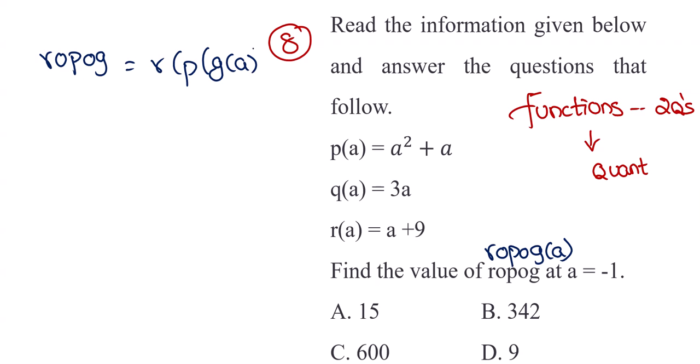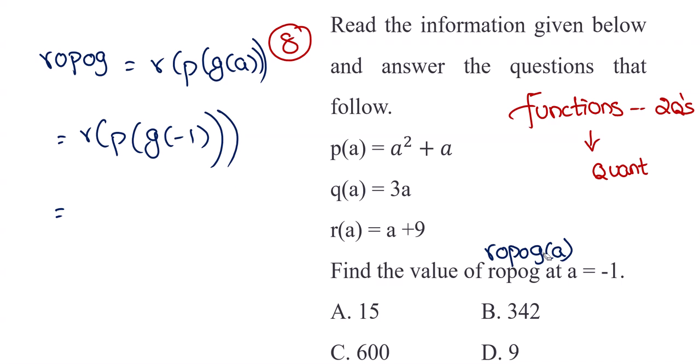Here you just map. They gave the value of A as -1, so put A as -1.